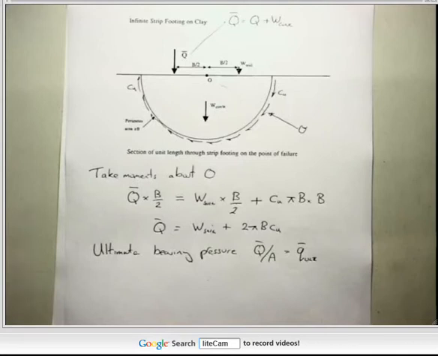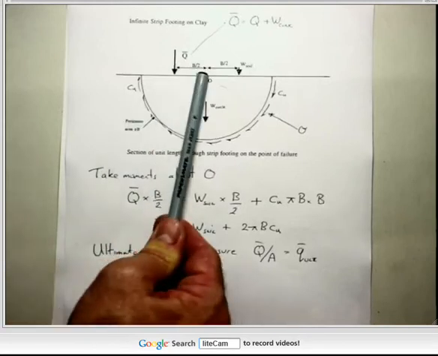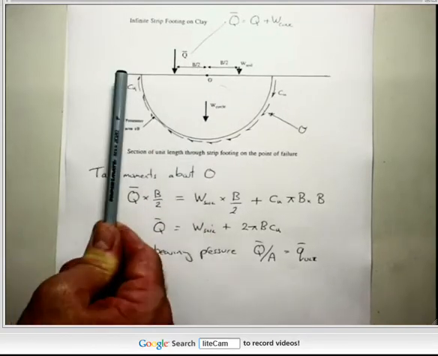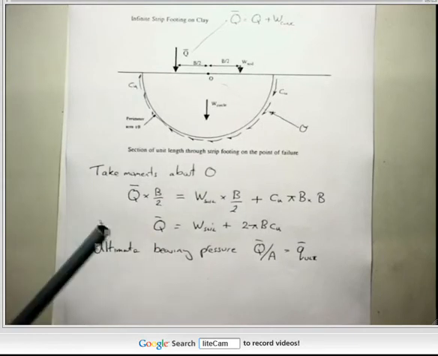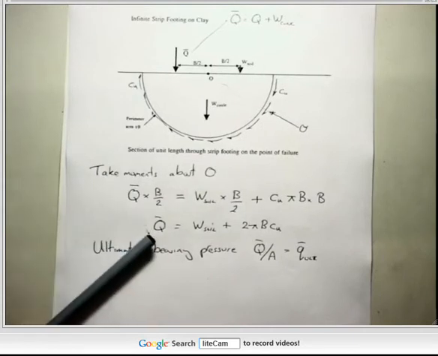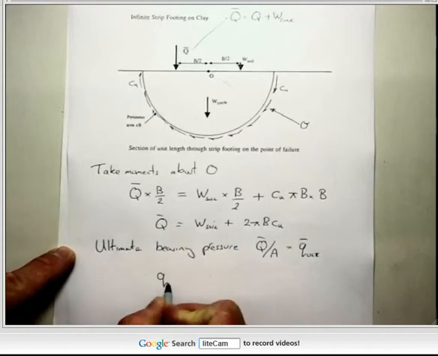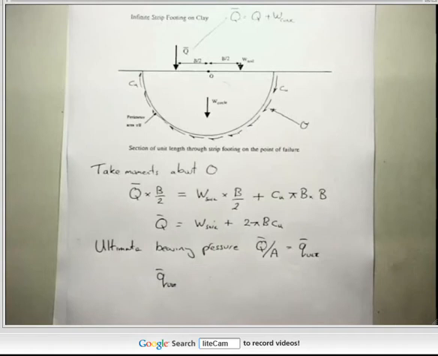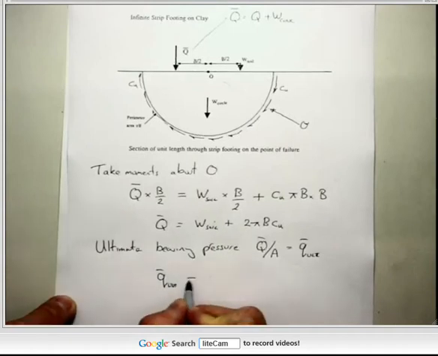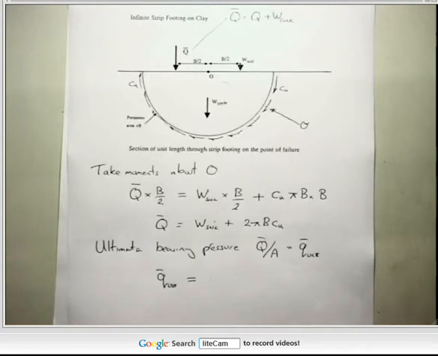And so we divide through by A, and remember, it's the base area of the foundation, because we want to write it as Q ultimate, and at the moment we've still got a bar above it. So all we want to do is divide by the contact area, which is equal to B times 1.